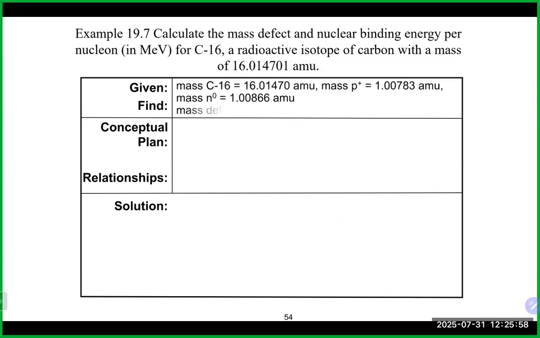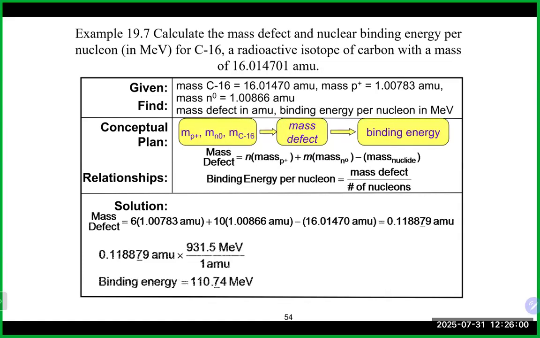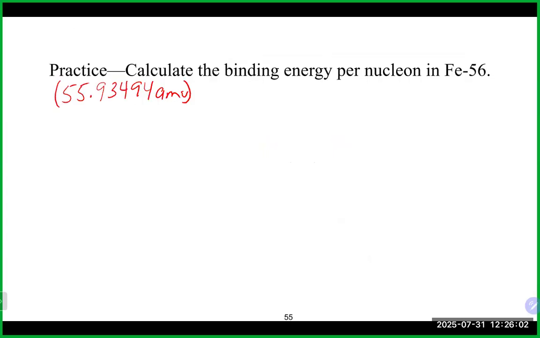All right, let's take a look at one last one here, I think. Calculate the binding energy per nucleon of iron 56. We'll just do it in mega electron volts per nucleon. Iron is 26 on the periodic table.